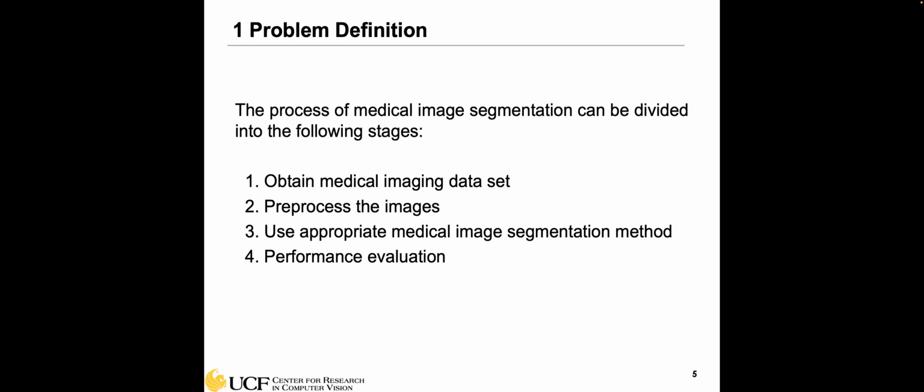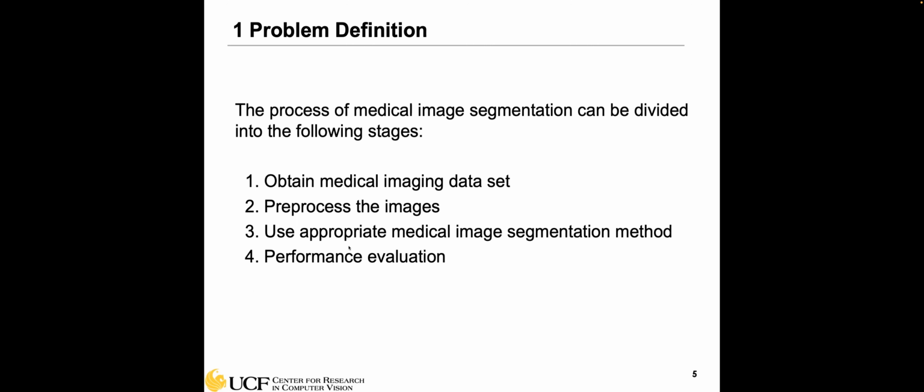Those are very common practices for machine learning or image processing. Once we do this necessary pre-processing of the image, we select the appropriate medical image segmentation method. Later we'll talk about deep learning based methods, and you may want to think about the best network architecture for segmenting your particular medical image.